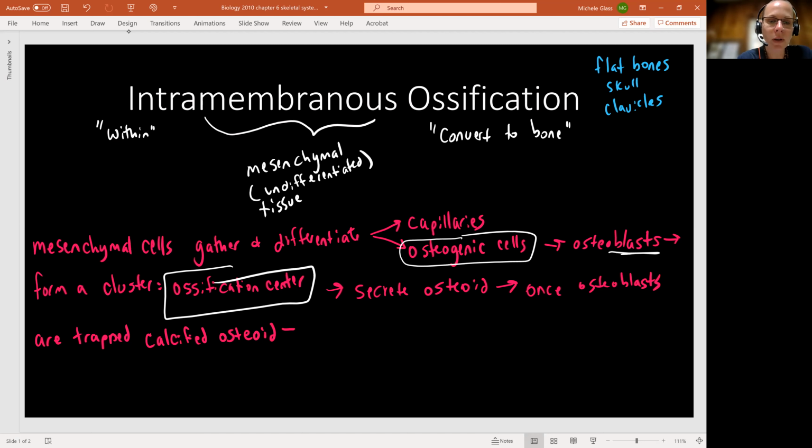So now they're going to be called osteocytes. Remember that an osteoblast is the cell that's making the bone, and once you have bone, the cell changes its job and changes its name, and it's now called an osteocyte. And so what we see then is we end up with spongy bone around capillaries.